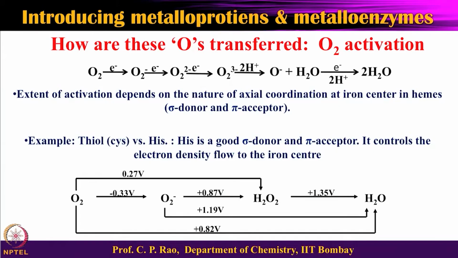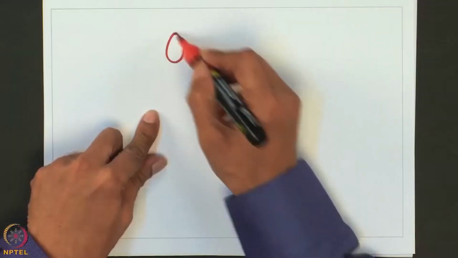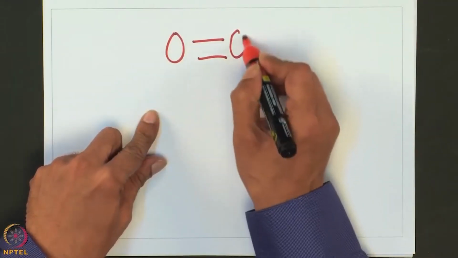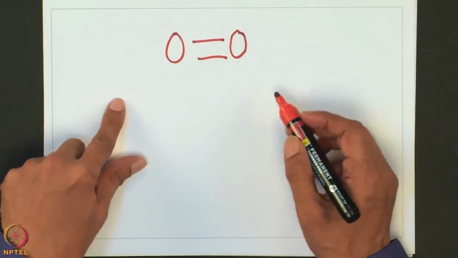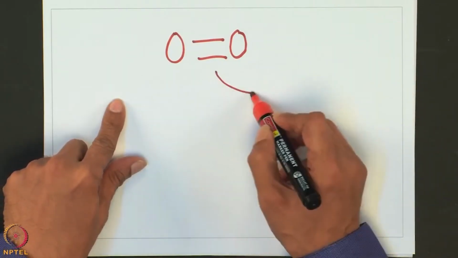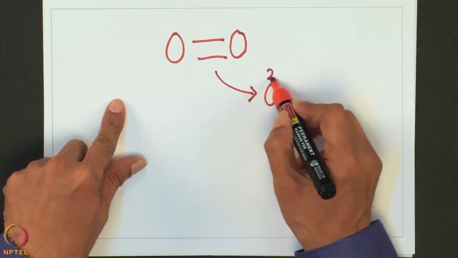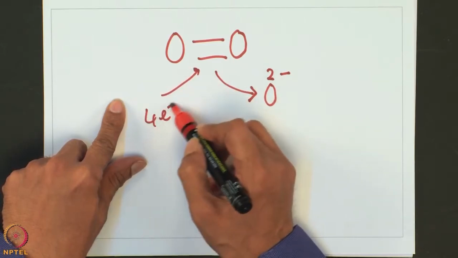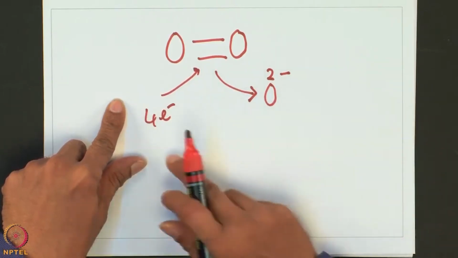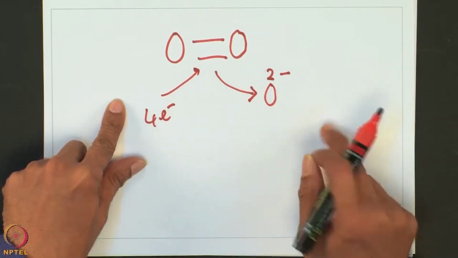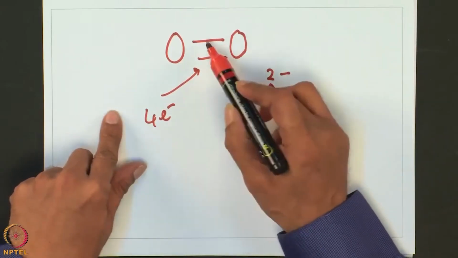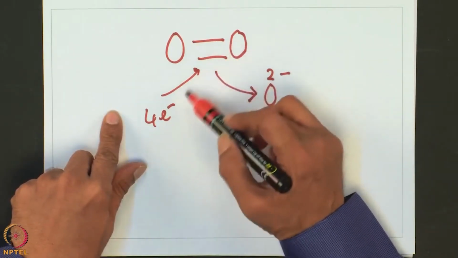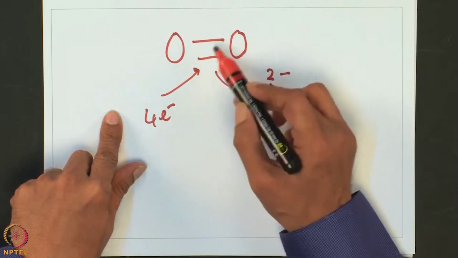So, O2 is a diatomic molecule with a double bond. If we want to get from this to O2-, obviously you have to pump 4 electrons inside. If you do not have this, you will not get this. So, first 2 electrons will break one bond, next 2 electrons will break the other bond, totally 4.